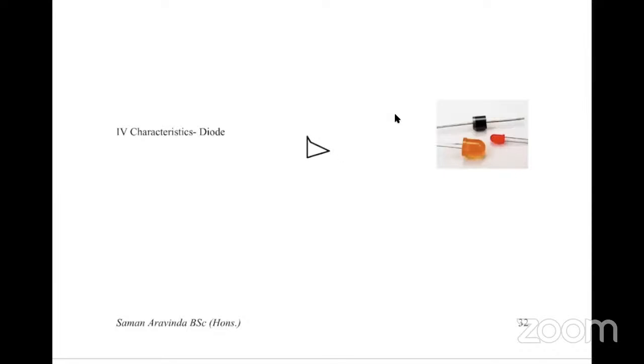The symbol actually shows us why the diode is considered a monodirectional device. So what does that mean? The current only passes in this direction, from left to right.